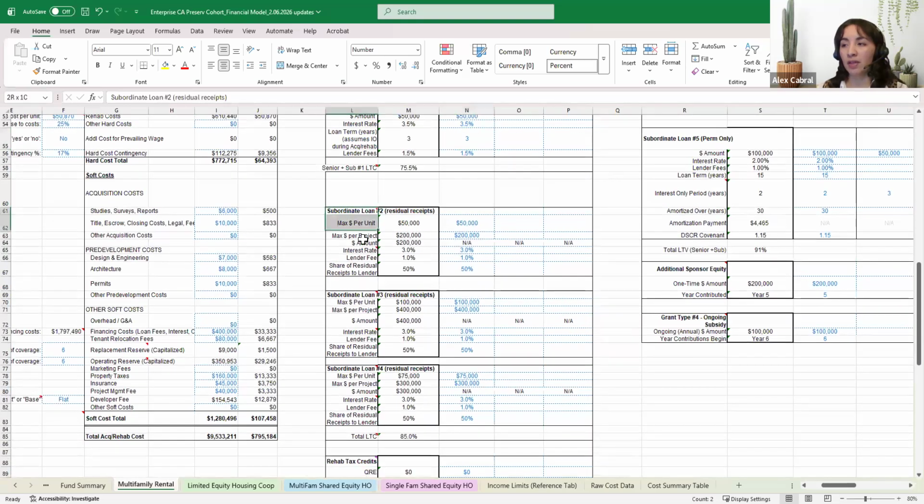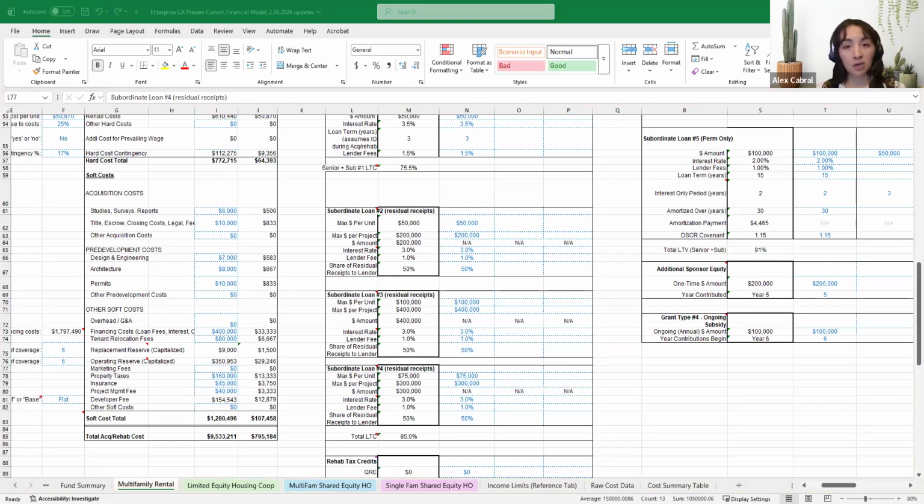We also have 3 different slots for residual receipts loans. These are subordinate loans. They appear in the acquisition rehab phase, but don't begin to pay off until the perm or stabilized phase.